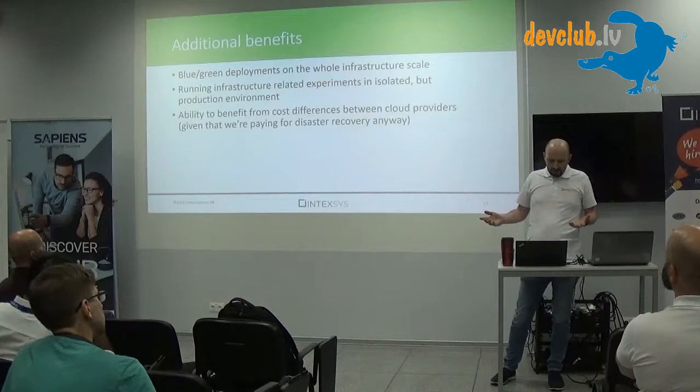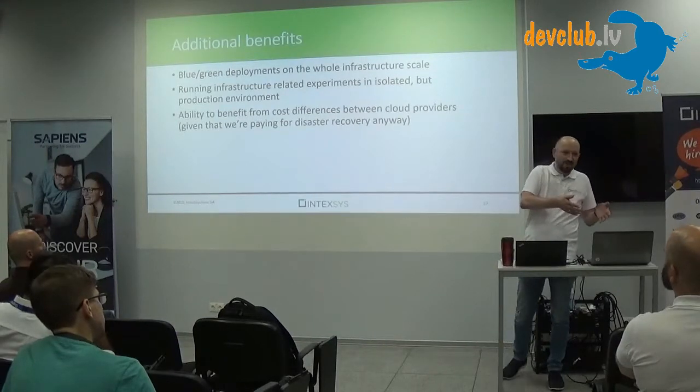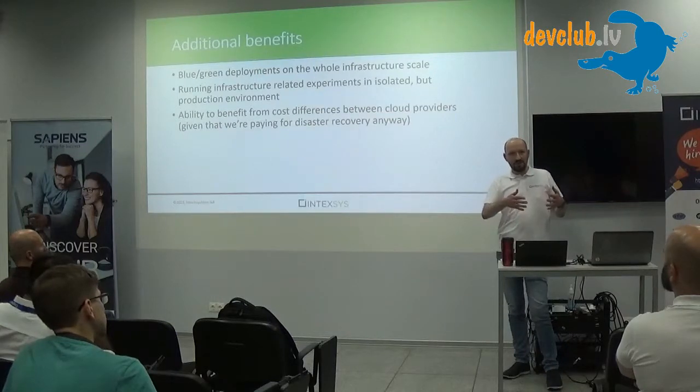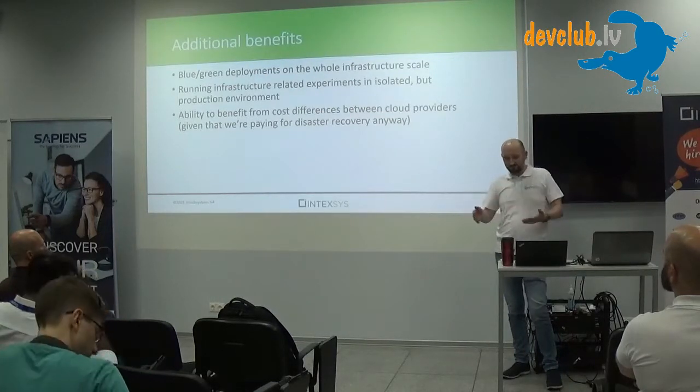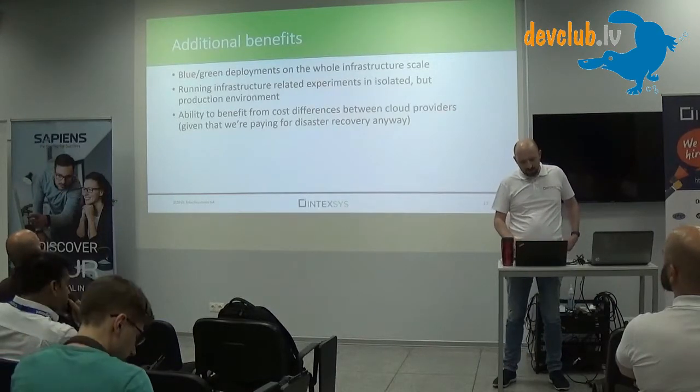We can also benefit from costs. So if the costs of different cloud providers are different, we can send more traffic to the cheaper cloud, and if the cost changes, we can send it back. So that's also a theoretical benefit.